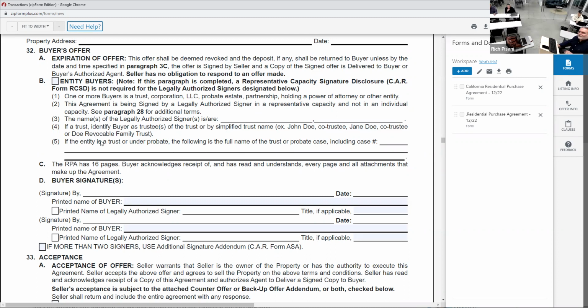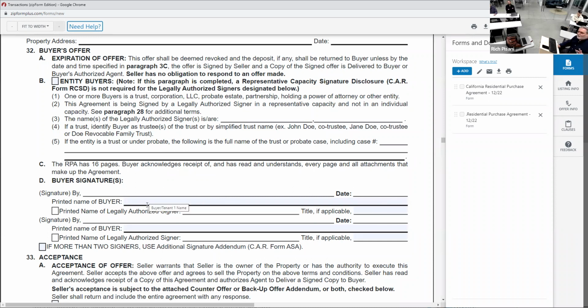Then down here, the name of the entity. So John Doe Trust, you know, John Doe Estate, if it's probate, you know, ABC Corporation, that goes there. And then it's signed. And if it is a legally authorized signer, then you check it and their title, you know, John Doe, Trustee.